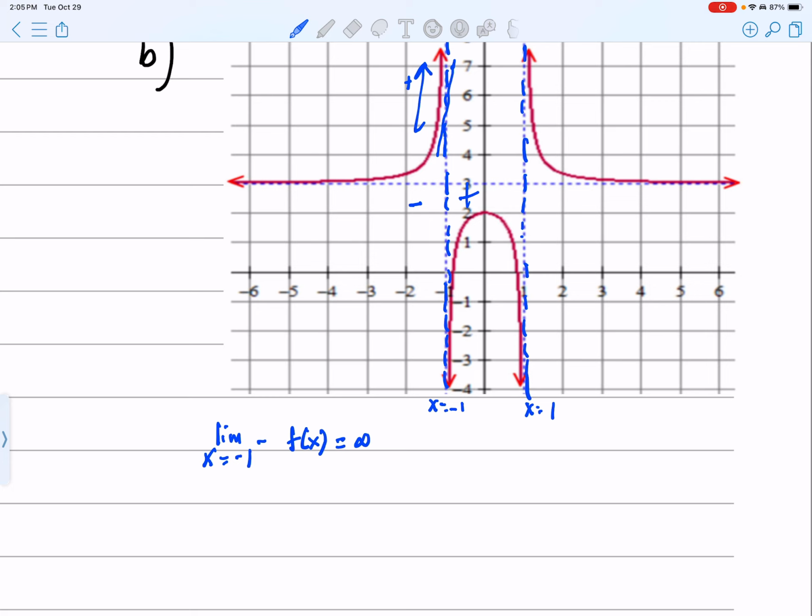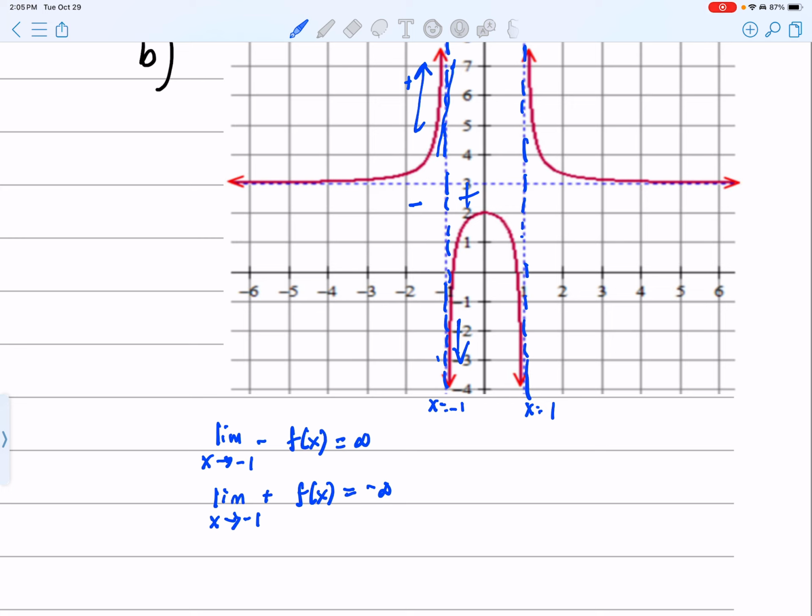Sorry, I have the wrong notation here. X approaches negative 1 from the left. So limit as x approaches negative 1 from the right, it goes down. So that means it equals negative infinity.